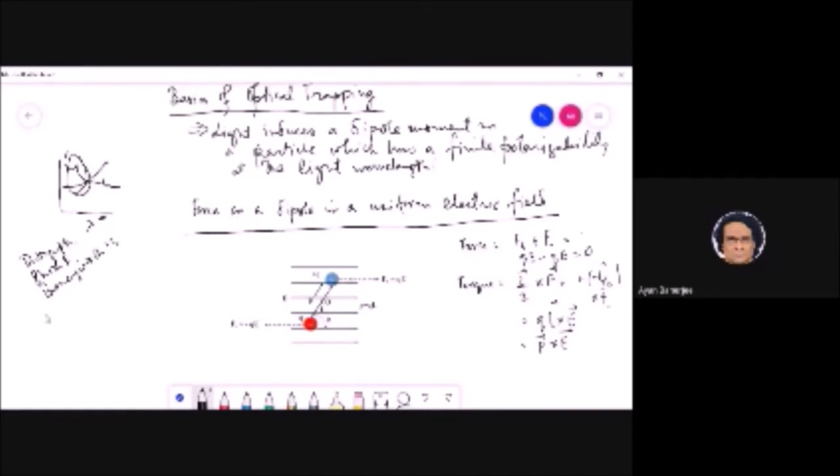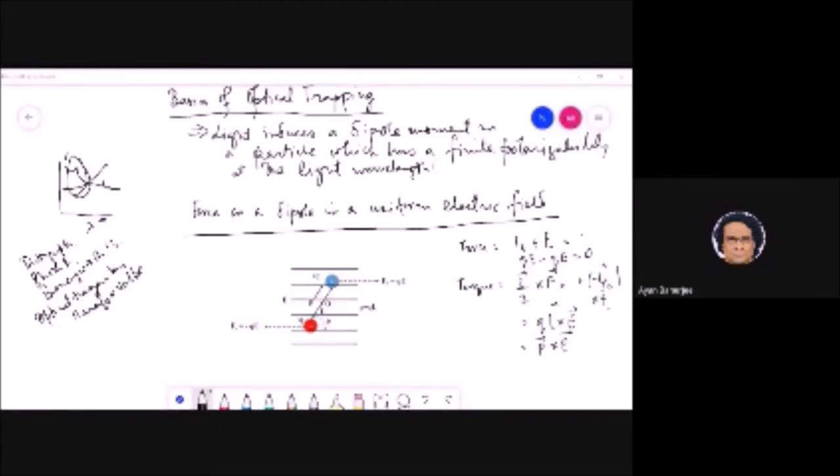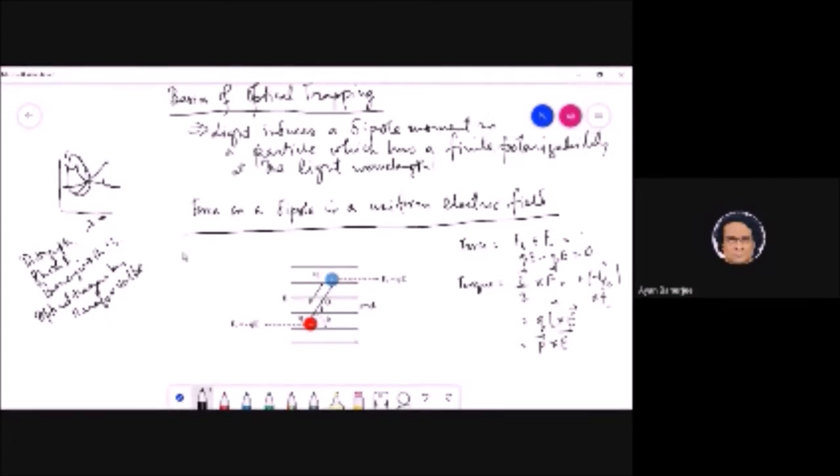There is another book, the whole book on optical tweezers, by Marago, Volpe, and Jones. Giovanni Volpe, and Philip Jones.